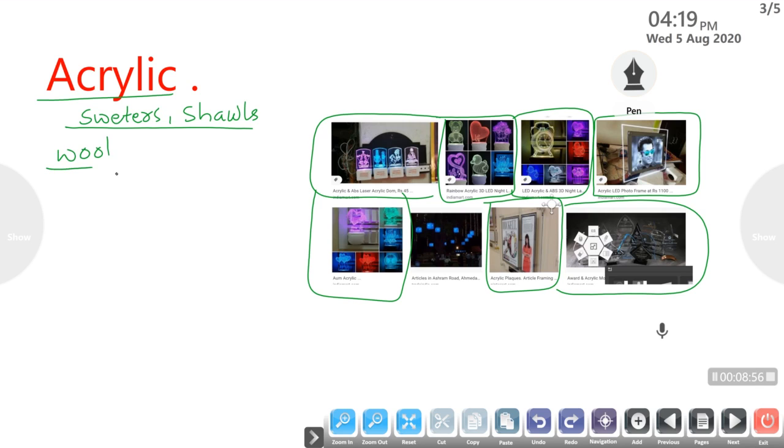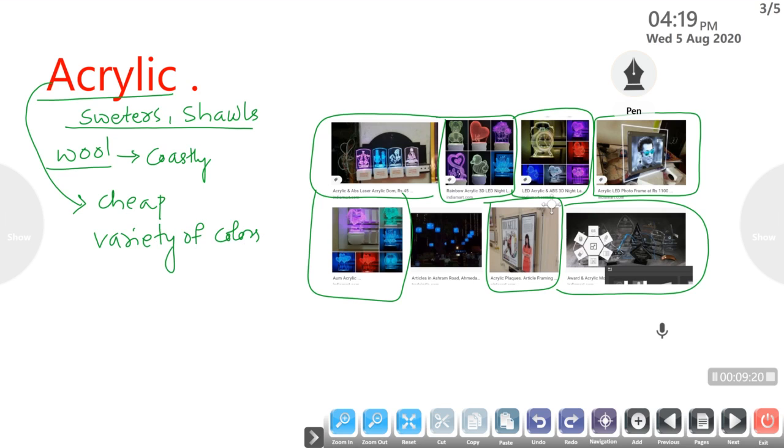Here acrylic items are similar to wool, but wool is very costly, while acrylic items are cheap. It is very cheap, and we have different varieties of colors in acrylic.